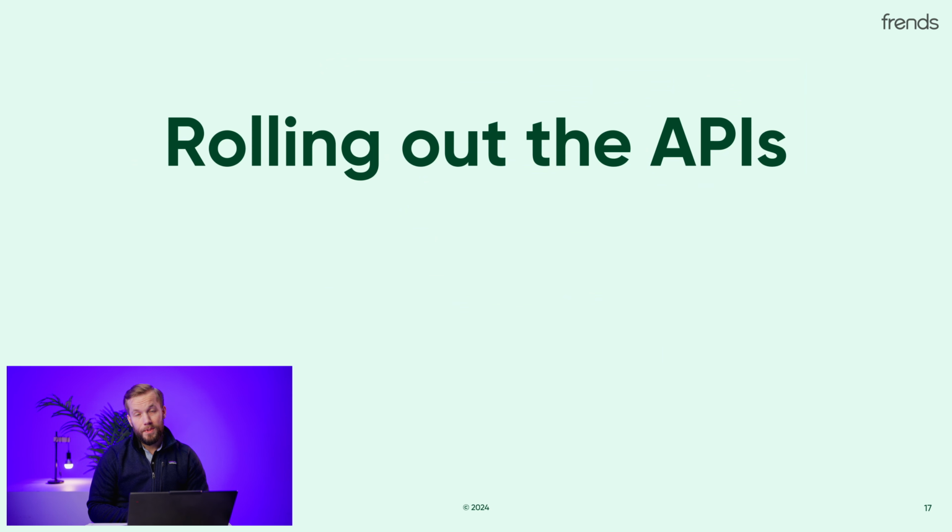And then, of course, the hardest part, of course, we can derive various different architectures, but the rolling out of the APIs is the crucial part. So first, we identify what are the use cases for these APIs, what are the actual applications we need to integrate with, and of course, what are the actual API consumers?